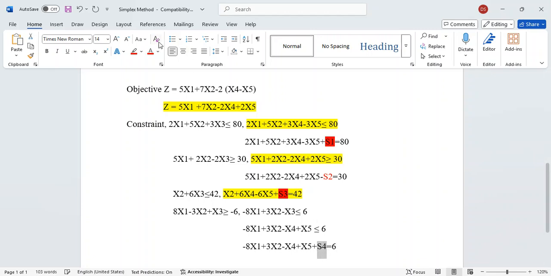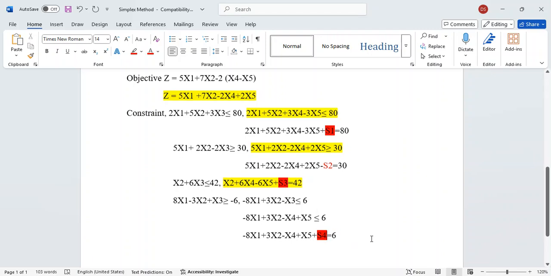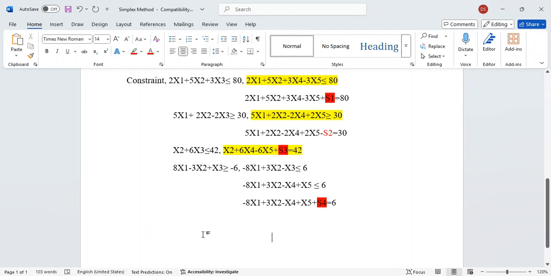Dear friends, just check it out. X1, X2, X3 and X4 have come up in this particular example. So X1, X3, X4 have been added on the left hand side to make it balance.